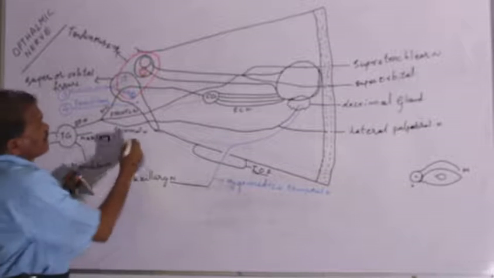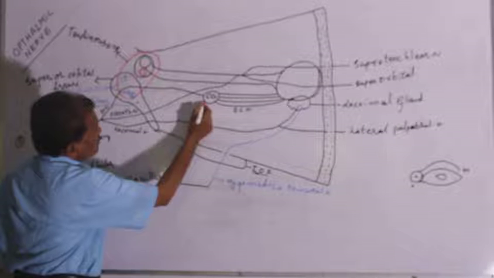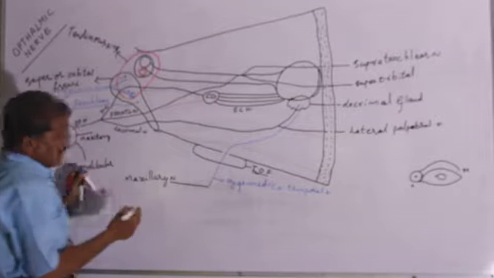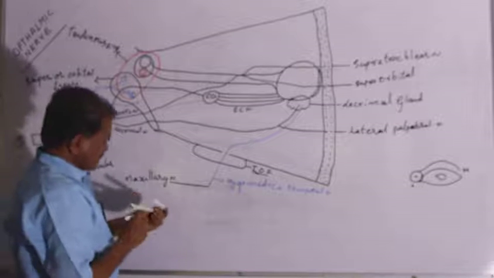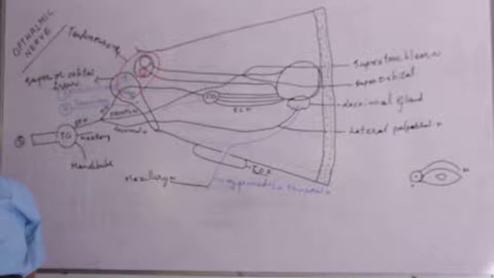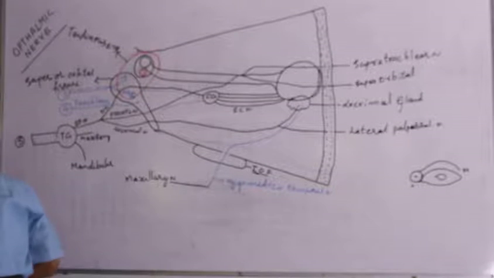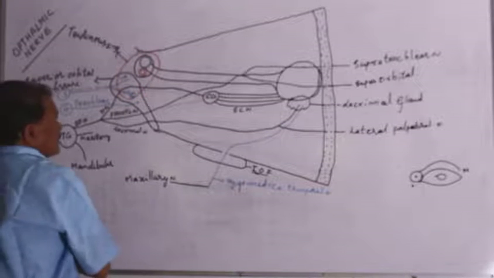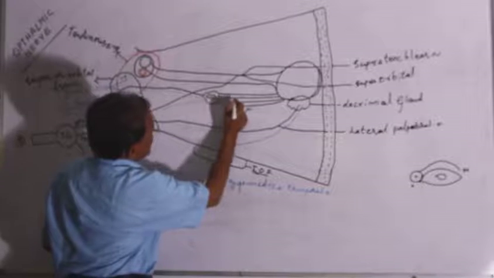The sympathetic fibers from the internal carotid artery plexus also enter the ciliary ganglion, and totally they meet together, forming the postganglionic fibers.